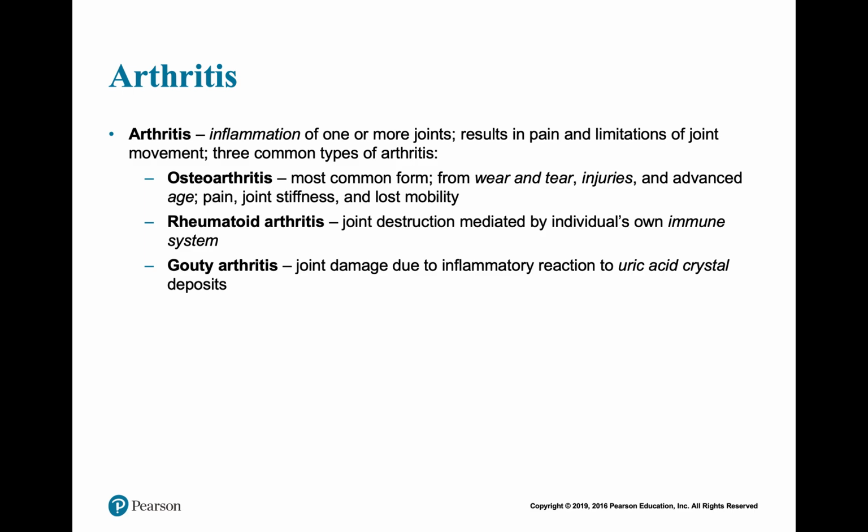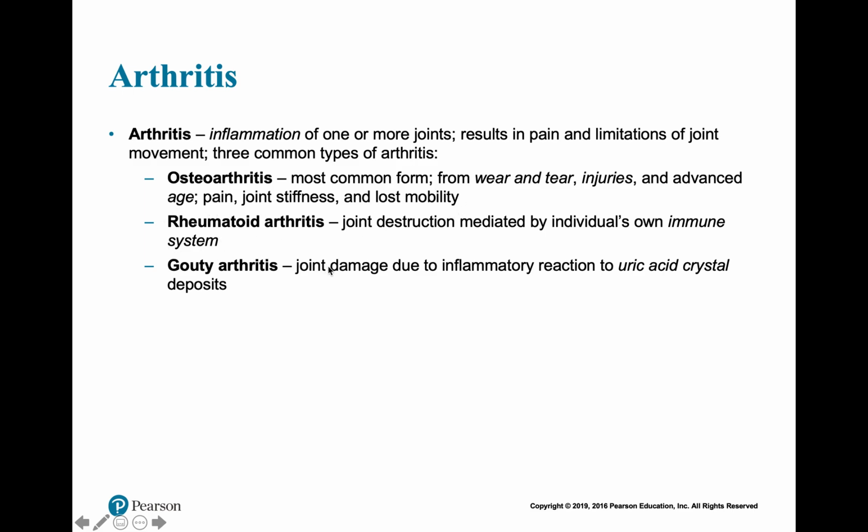Not having enough synovial fluid means that you're going to have more wear and tear on your articular cartilage. And when that articular cartilage breaks down, that's when we get arthritis. And so you can have joint stiffness or even loss of mobility at that joint.